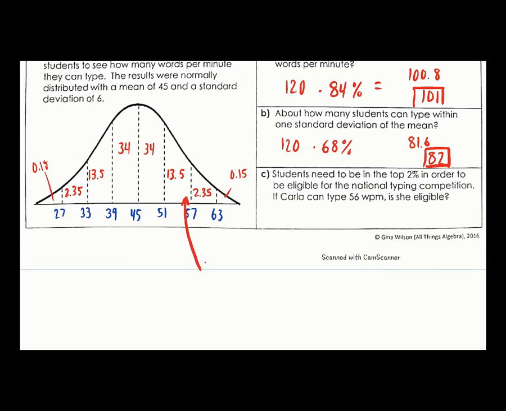Just below 57 is 56. Well, how many people are just above her? 2.35% plus 0.15% is 2.5%. She's got to be in the top 2%. Does she make it? No, she is not eligible, unfortunately. She's really close, but she's not quite eligible.